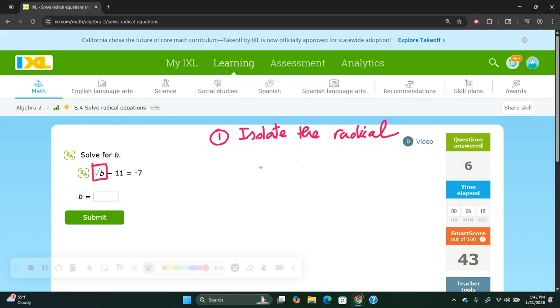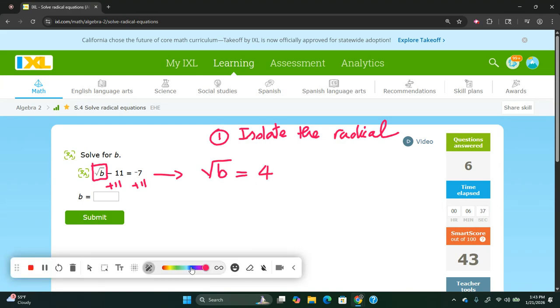So let's do that part. You don't want negative 11, so you add 11 on both sides. So you come out square root of b on the left side, negative 11 plus 11 cancels out. So on the right side you have plus 4.